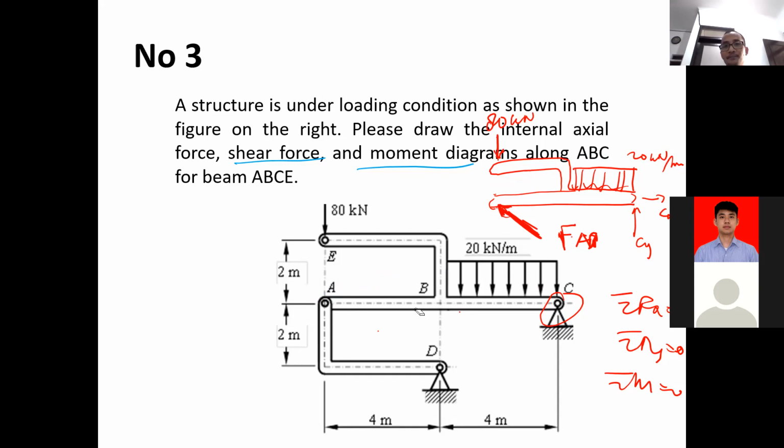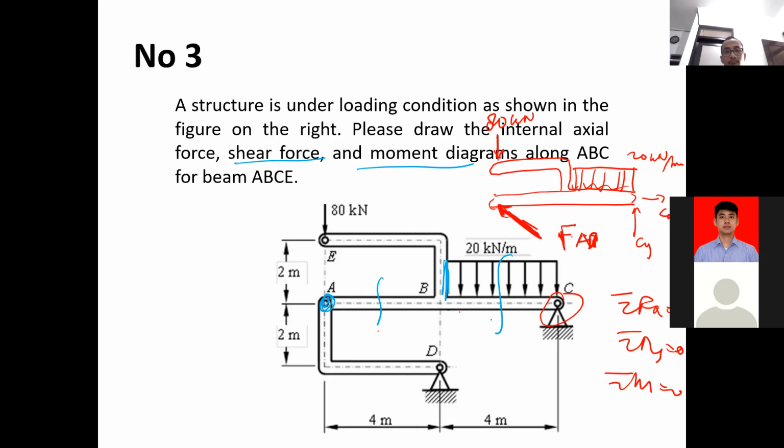And if there is a distributed force and there is no force beside the distributed force, it will be continuous as well. But here, at A there will be a force, and there is a distributed force here, right? So from AB to BC, the distribution will be different, right, Alberto? So we have to represent it with a different cut here. You get it?